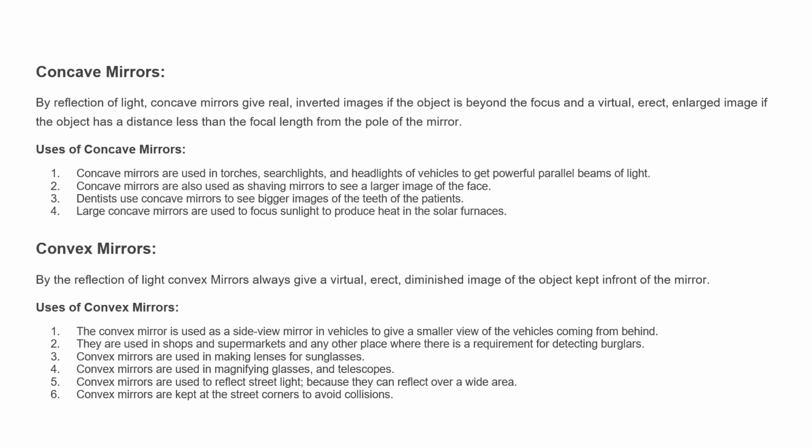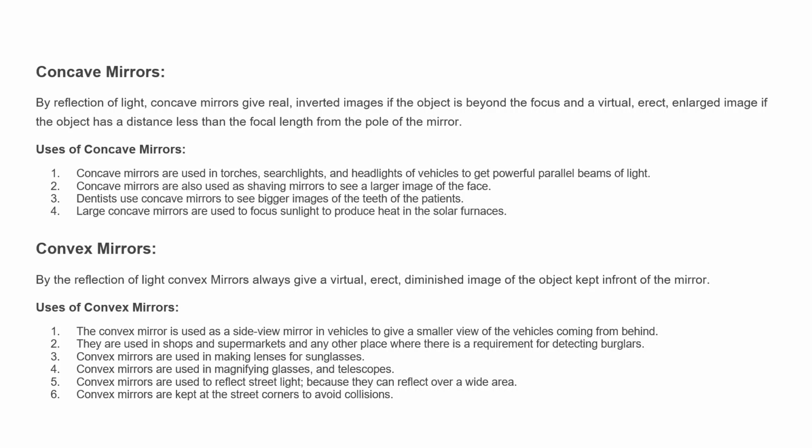Convex mirrors we mostly see used for side mirrors in two-wheelers or four-wheelers, because it shrinks the image. A very important thing is why we use convex mirrors. It doesn't of course give us the original size, but it helps us. If I'm looking at the side mirror, in a small mirror I'm able to see a wide view of the traffic behind me.